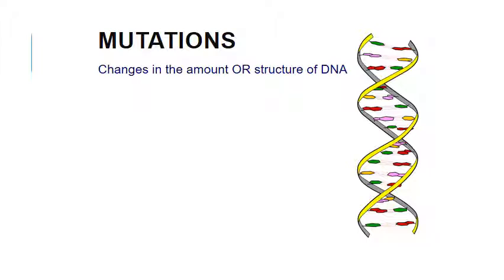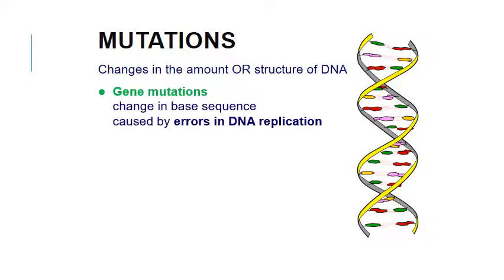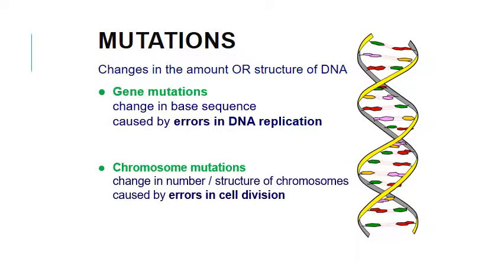A mutation can be defined as a change in the amount or the structure of DNA. A gene mutation is a change to the nucleotide base sequence, and this is caused by errors in the replication of DNA. Chromosome mutations are a change in the number or the structure of chromosomes, and this is caused by errors in cell division.